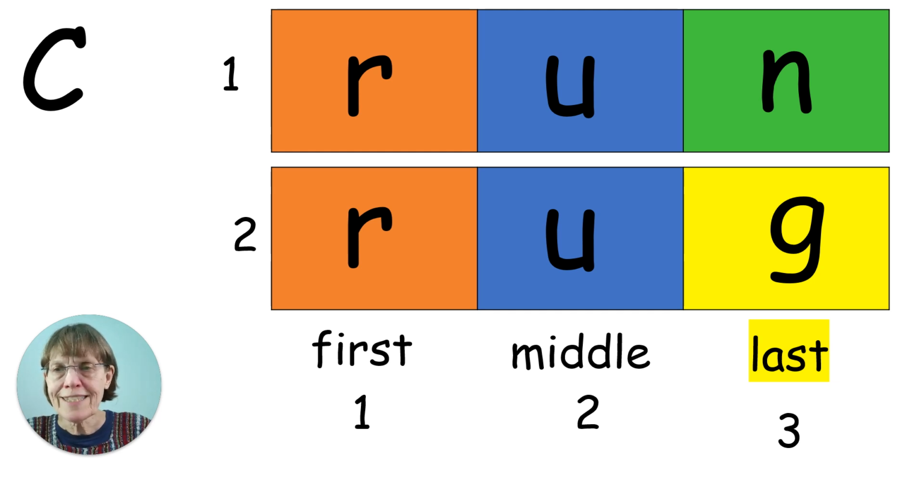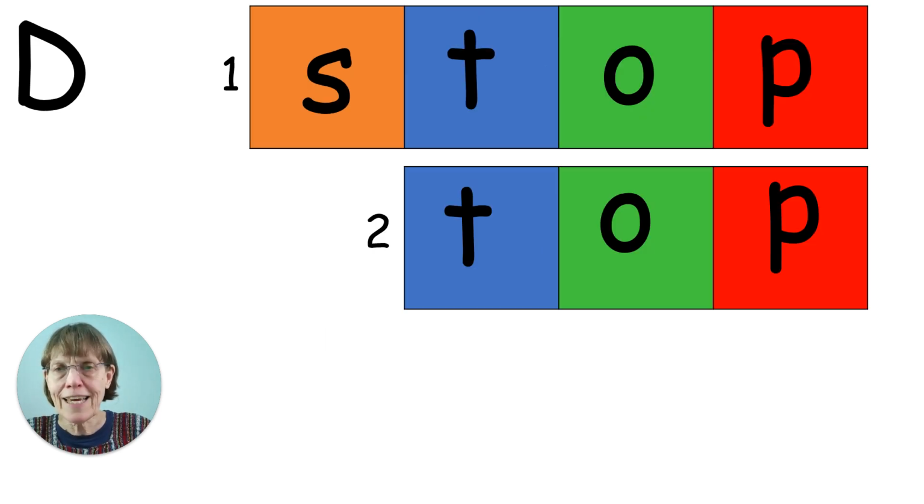Let's go to the D change. So for the D change, it's a little different. For the first word, we have 4 sounds. We have S, T, A, P. But you'll see in word number 2, the S sound is gone.